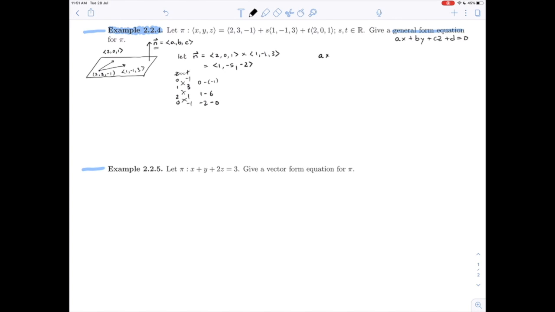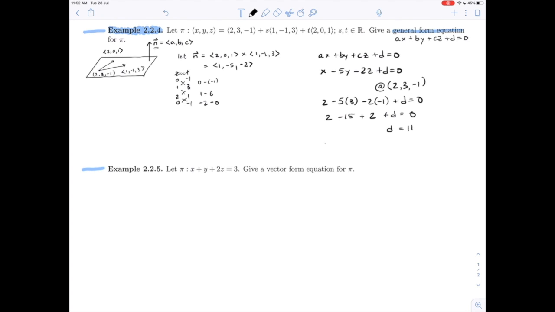So if we go back in this equation, ax + by + cz + d = 0, then we're looking at 1x - 5y - 2z + d = 0, and this is something that we've done before. To find the d, we are going to plug in the known point that we have in the plane, (2, 3, -1), and so we're going to get 2 - 5 times 3 - 2 times -1 plus d is 0, and so what is this now? 2 - 15 + 2 + d is equal to 0, so d is 11.